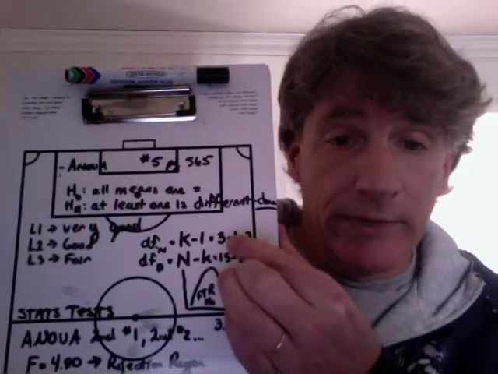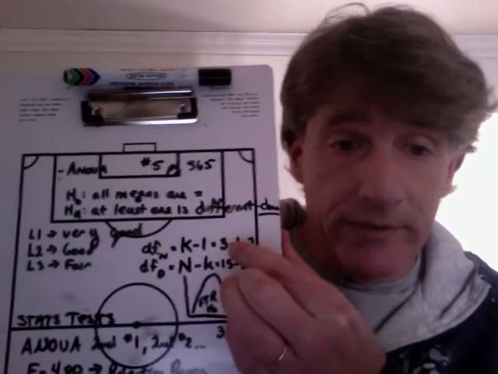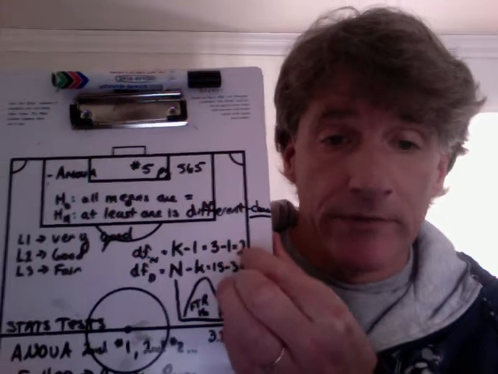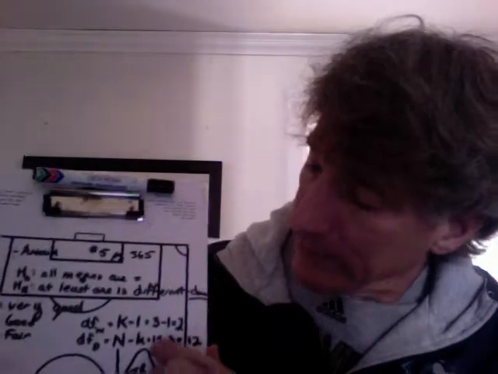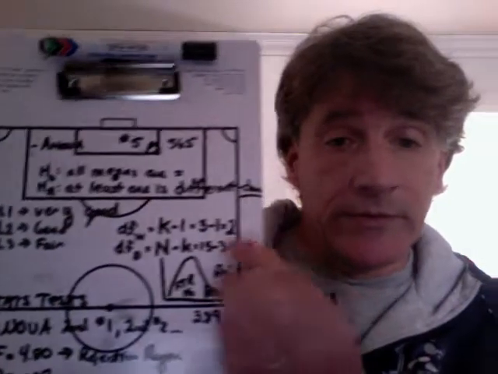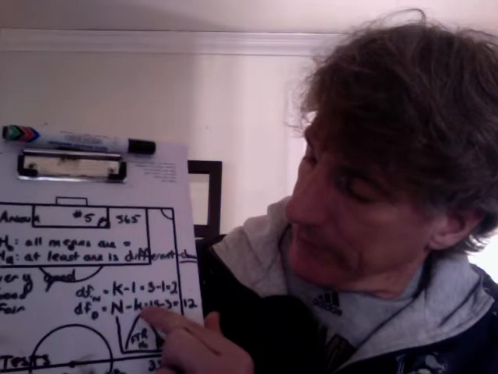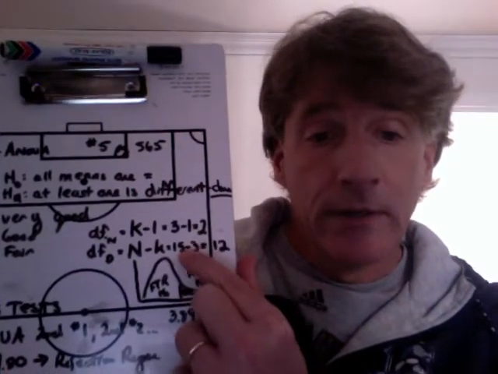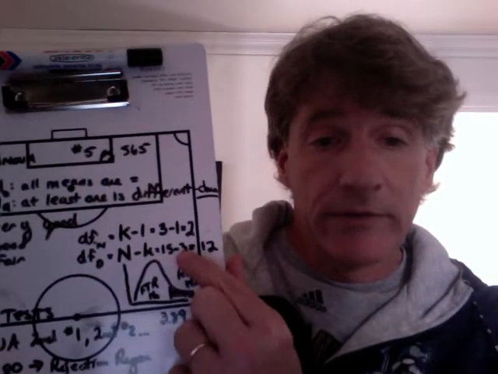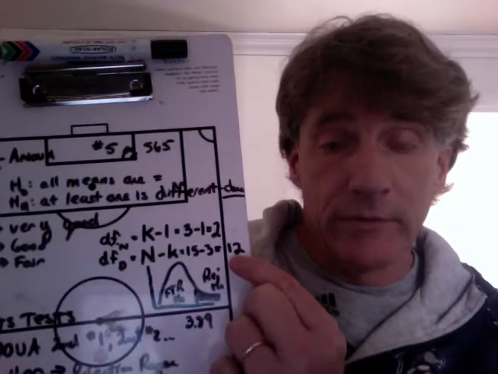And so that's 3. We have 3 categories of means, the very good, the good, and the fair. 3 minus 1 is 2. And then you also get degrees of freedom of denominator, which is the total number of observations, which in our case is 15, minus k, which is 3, which gives us 12.